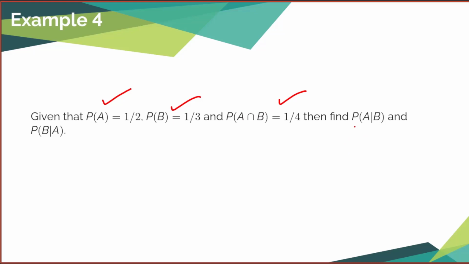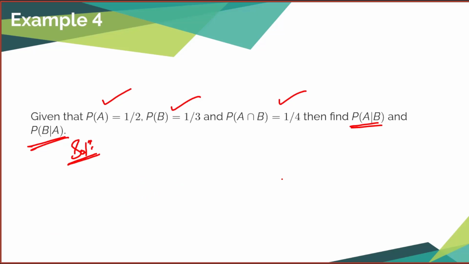And we are supposed to find out the probability. Now this is P(A|B), that means conditional probability of A subject to the condition that B has already occurred, right? And this is probability of B given A, that means probability of B given that A already happened. So we are going to calculate these two quantities. Now the solution is, right?